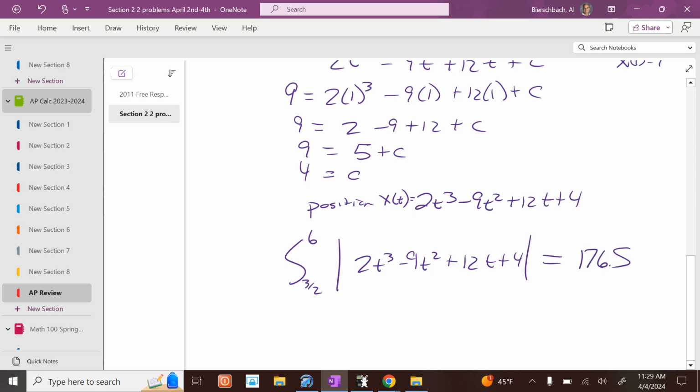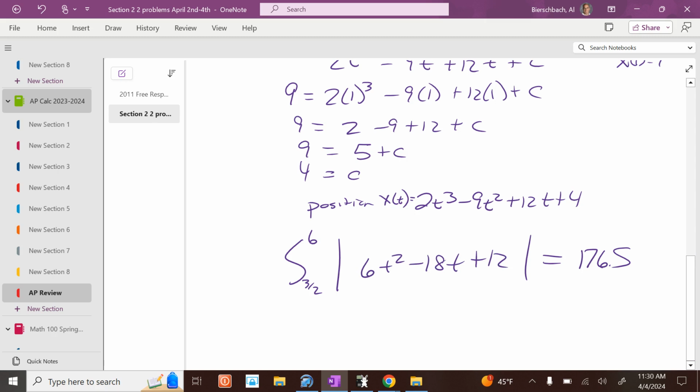If you got 175.5, you didn't use absolute values. Oh, because yep, it's got to be the velocity: 6t squared minus 18t plus 12. The integral of the absolute value of velocity is the total distance traveled. Okay.